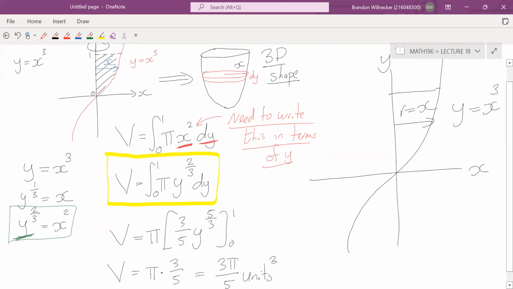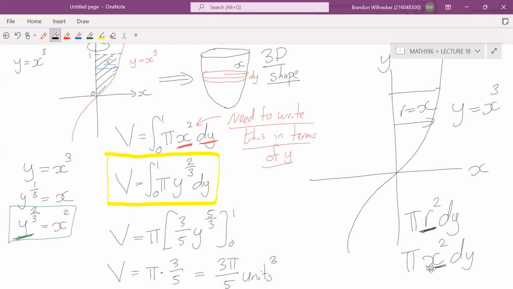So how do we work out the volume of a cylinder? It's pi r squared dy. So it's going to be pi x squared dy. So the radius becomes x. Like the cylinder, we imagine this as a cylinder.